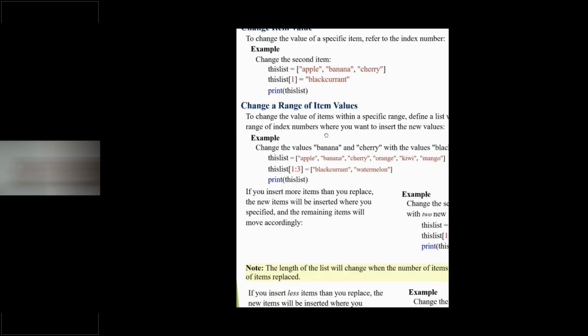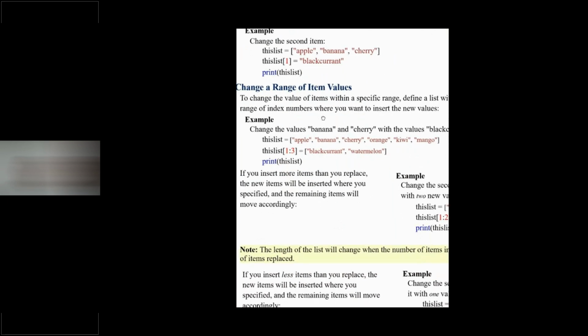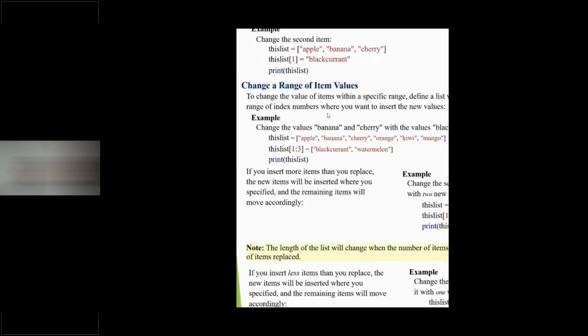And change a range of item values. As we have used ranges just for displaying purposes, we can also change items by using ranges. If you want to change 1 to 3 with these two, 3 means minus 2, it is taking the last minus 1.